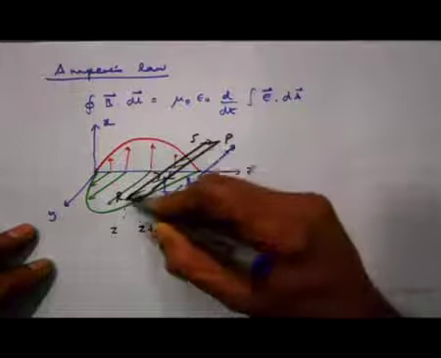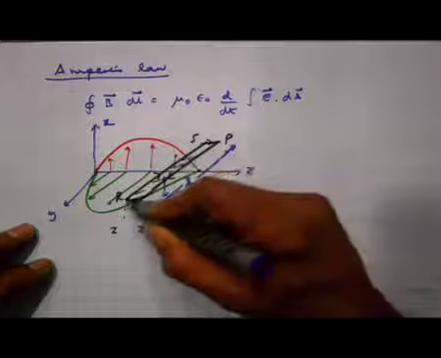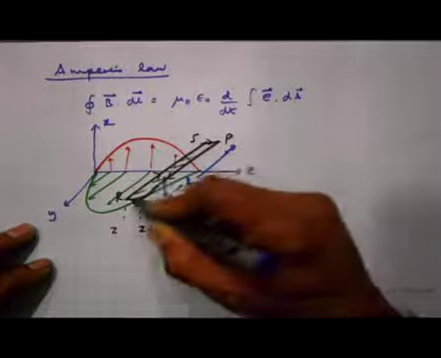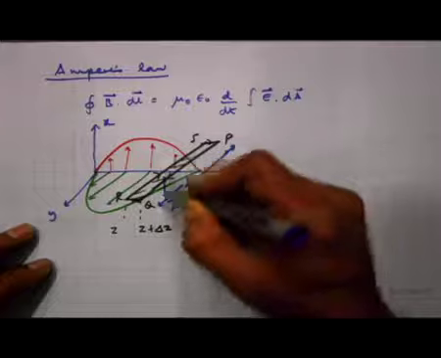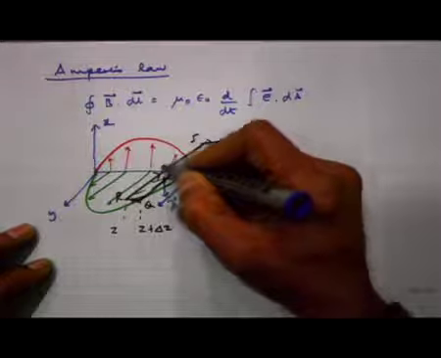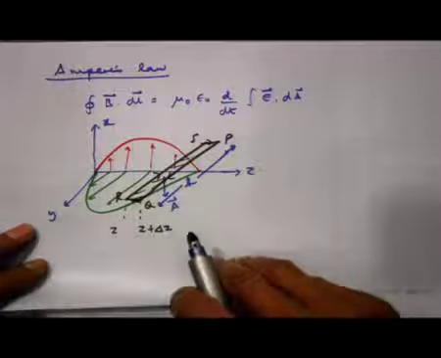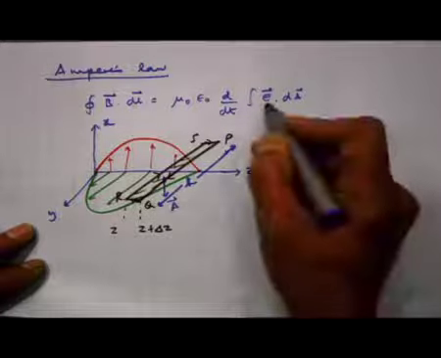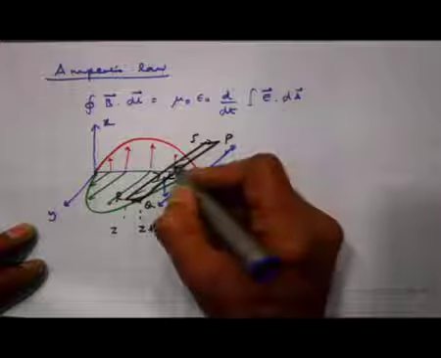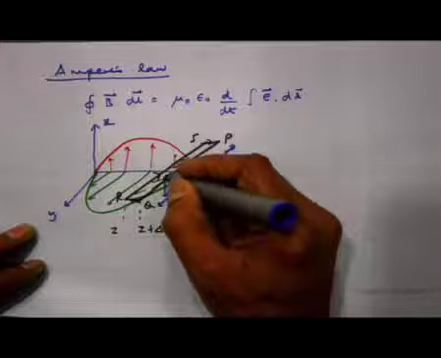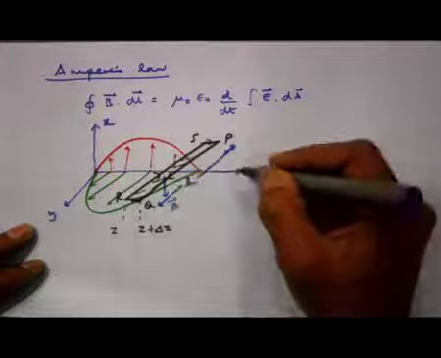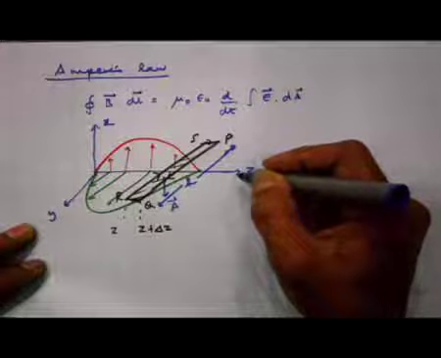Using the right hand rule, the path of integration is in this direction, and because of the right hand rule the area is pointing downward, electric field is pointing upward, and so the electric flux is negative. Please remember in this equation electric field is pointing upward, area is pointing downward, and so E dot dA will have a negative sign.